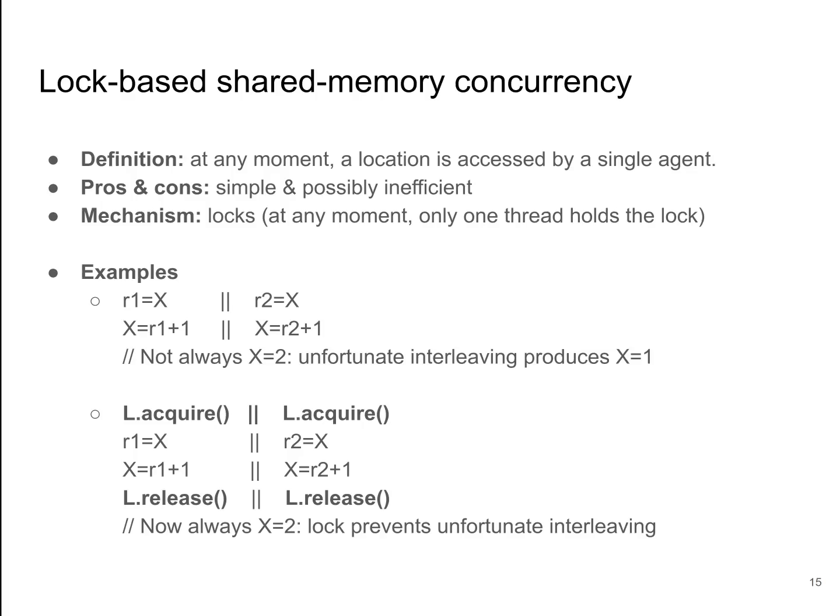However, the disadvantage of this approach is that it is possibly, and quite often, inefficient for our purposes, because we kill all the concurrency and only one agent can access a single resource. As a result, we cannot execute multiple agents or multiple threads in parallel at the same time. So these are the pros and cons of lock-based concurrency.